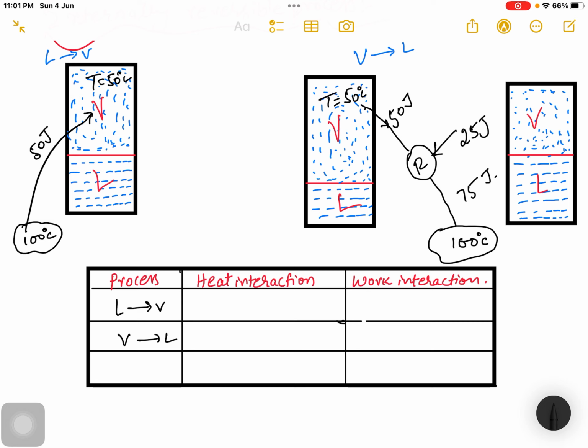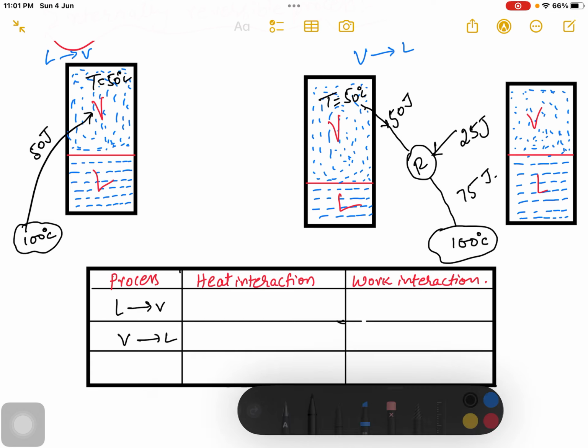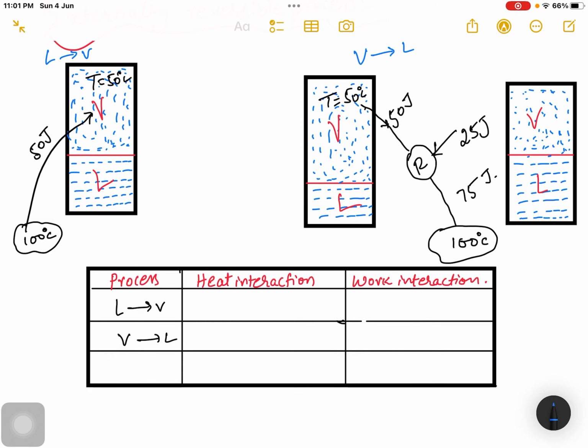In the first process, from the surrounding there is a heat interaction to the system of 50. The surrounding is losing 50 joules of energy and giving it to the system, and there is no work interaction.